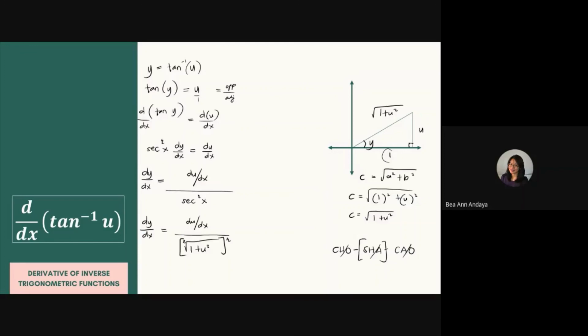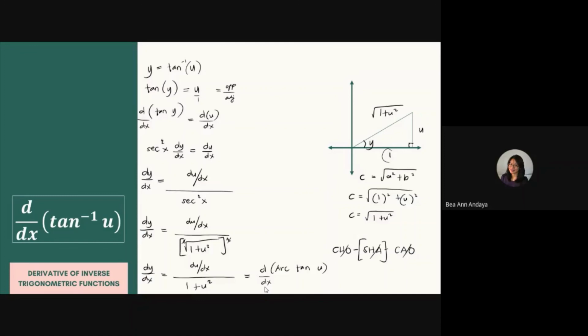If this index here is 2, then this 2 will also cancel out, leaving us with the derivative of the function y with respect to x equivalent to the du all over dx divided by, matatanggal na yung radical sign dyan, so meron na tayong 1 plus u squared. Or, this is also equivalent to the derivative of arc tangent, or basically the inverse tangent of u with respect to x. And that is the formula for the derivative of inverse trigonometric functions.